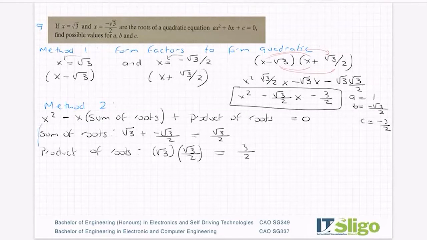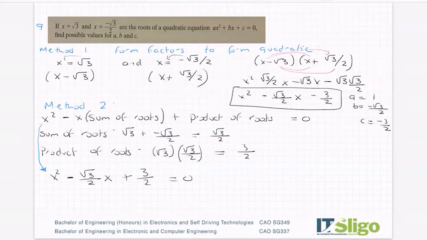Okay, so then you form your quadratic by filling in the product of the roots and the sum of the roots into this. So you get x squared, minus x times the sum of the roots. Okay, so minus root 3 over 2x, and then it's plus the product of the roots, and that's my product of the roots, equals 0.